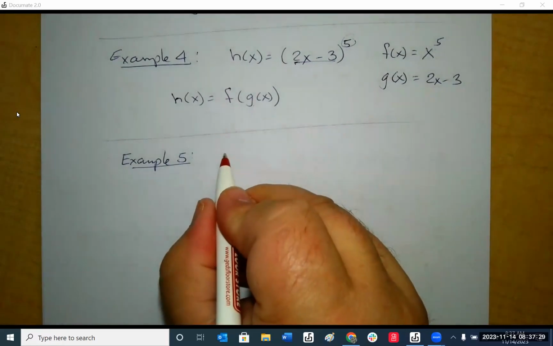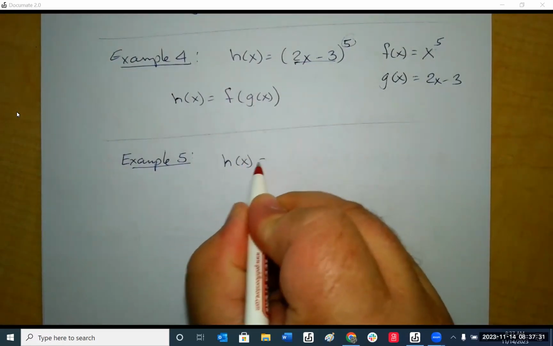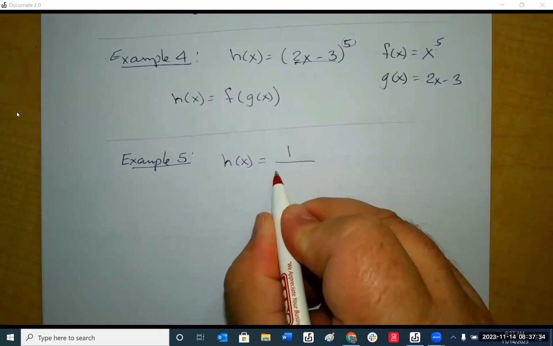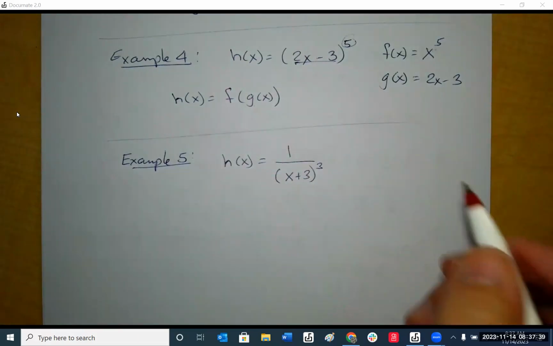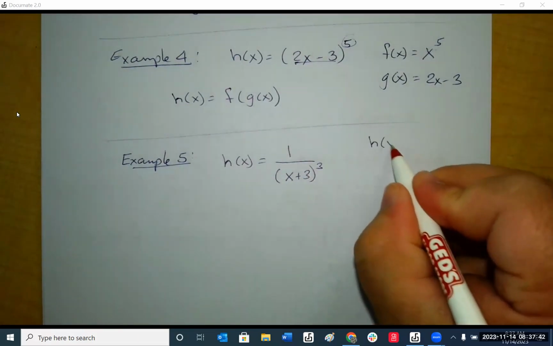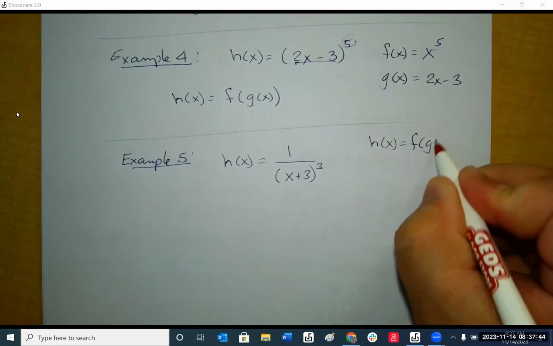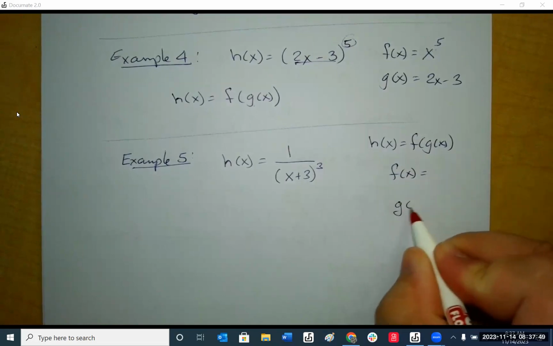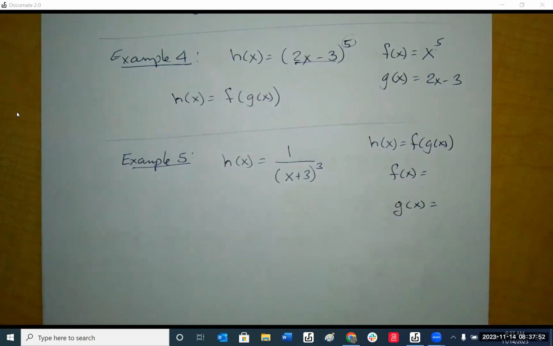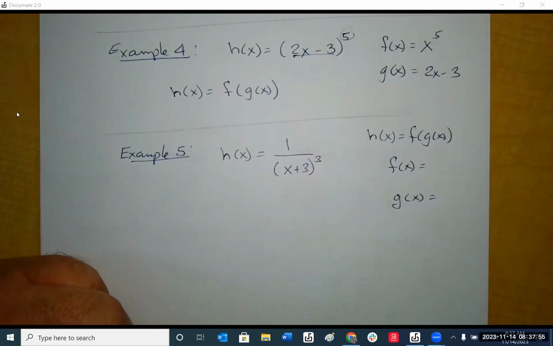And example 5. We have our h of x is equal to 1 over x plus 3 cubed. Find f of x and g of x. Here's the beautiful thing.